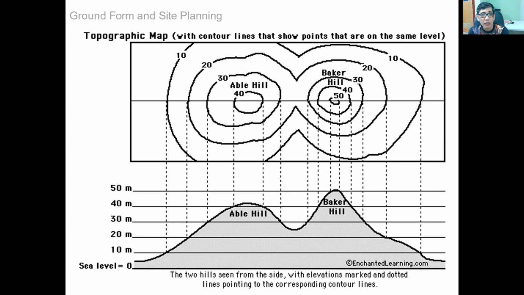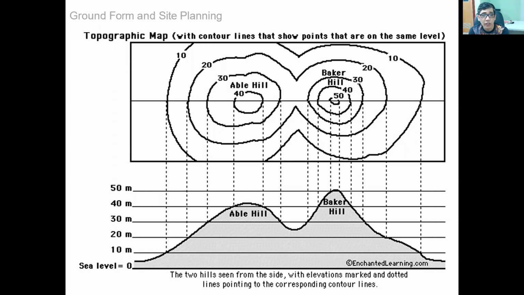So as you can see in the figure, the highest apex of the mountain, which in this sample is Baker Hill, is about 50 meters from the sea level. At approximately every 10 meters, there is what you call the contour line that will show you the difference of elevation from the sea level to the contour line.